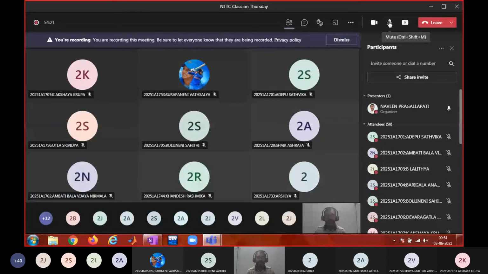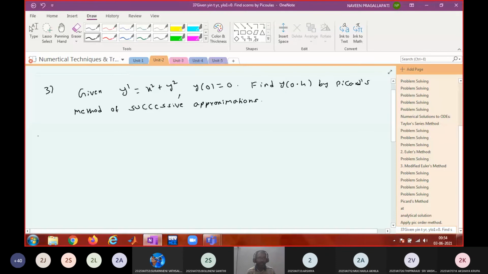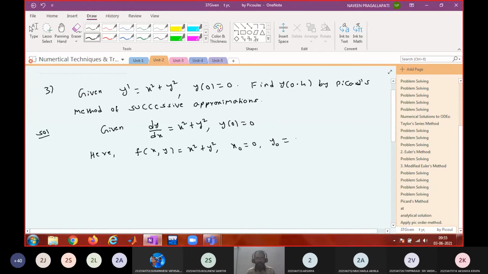Write down the formula. x not equal to 0, y not equal to 0.